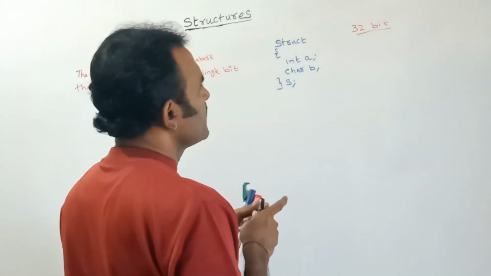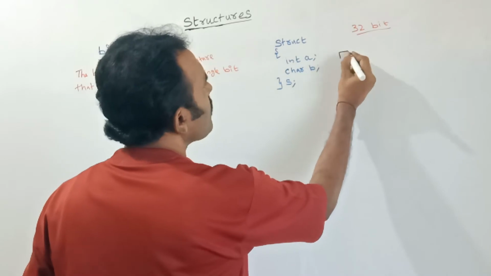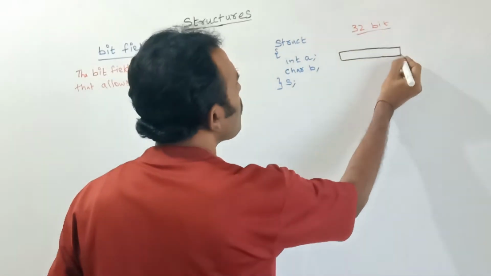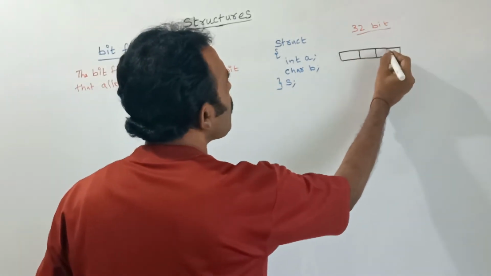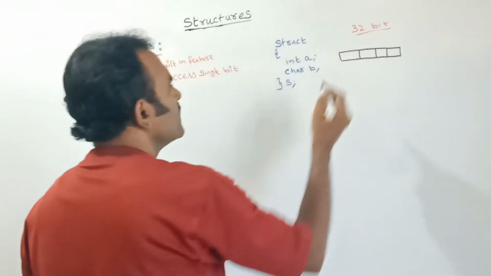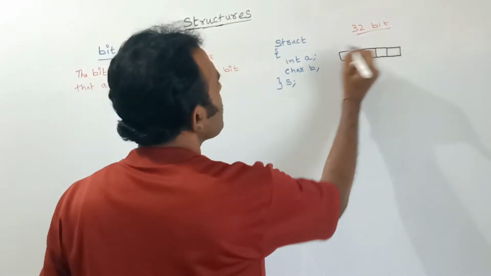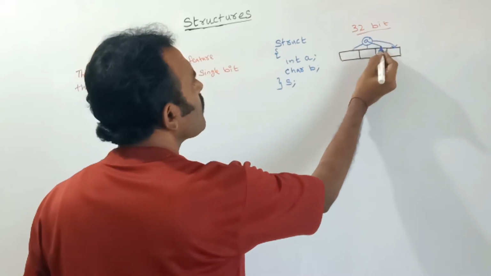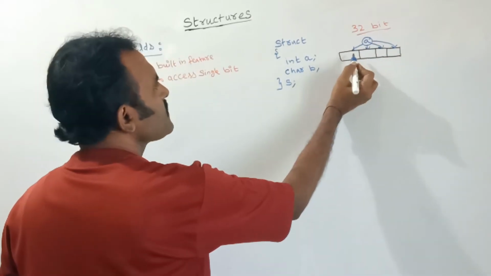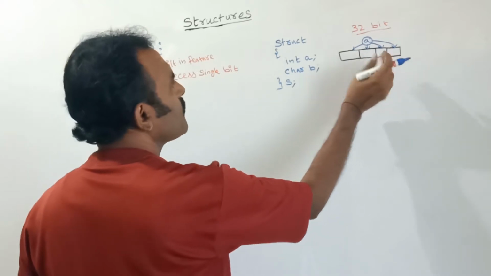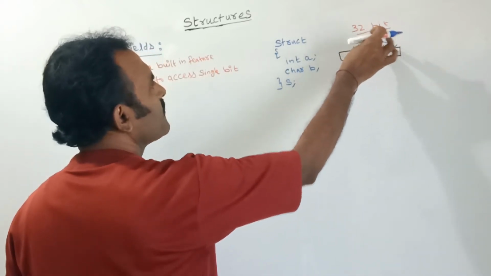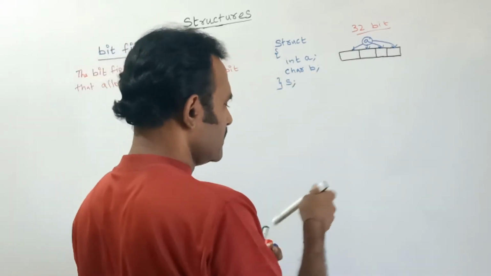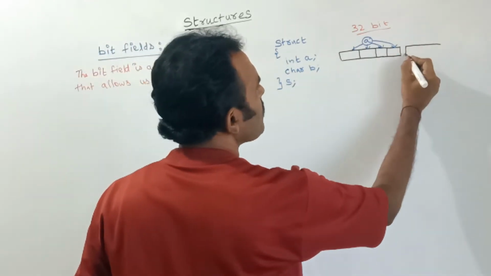In each cycle it will allocate memory for the integer structure member A. This is the first byte, second byte, third byte, fourth byte. Totally 4 bytes are aligned for this integer A. For the character B, next it will allocate another 4 bytes.